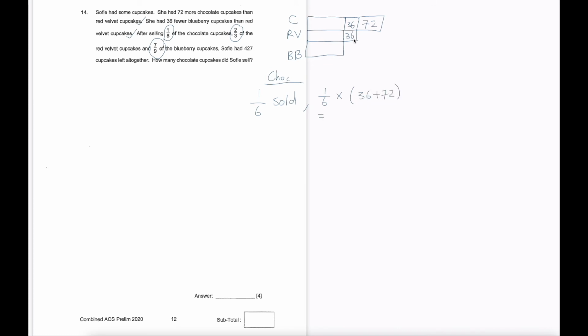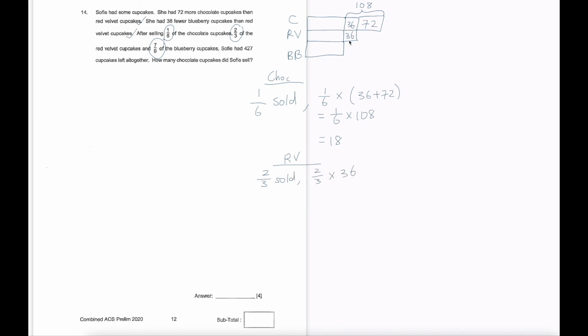Okay, and it is 1/6 times 108. I'm going to put here 108, okay? So using a calculator, you're going to get 18. Okay, so I'm not going to cut it yet. I'm going to continue with red velvet first. So red velvet, 2/3 sold, and 2/3 of the value.